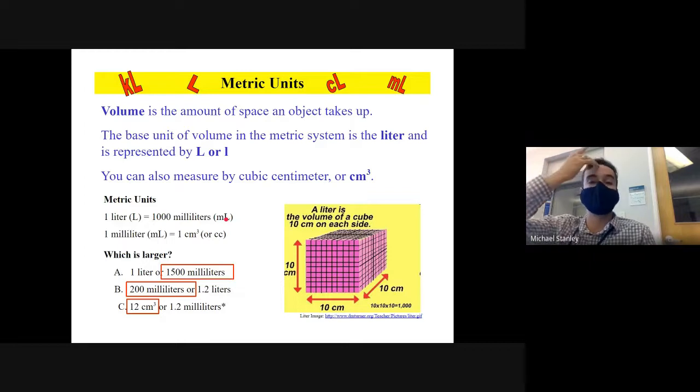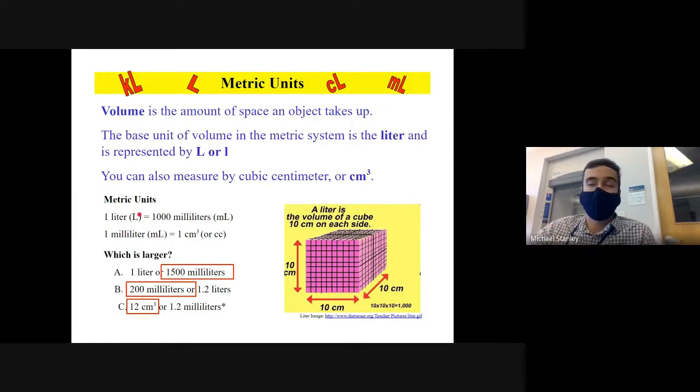That means that we're using the metric system. So when we're measuring volume, how much space something takes up, if it's a very small amount, we can use milliliters. If it's a little bit bigger amount, we can use liters.